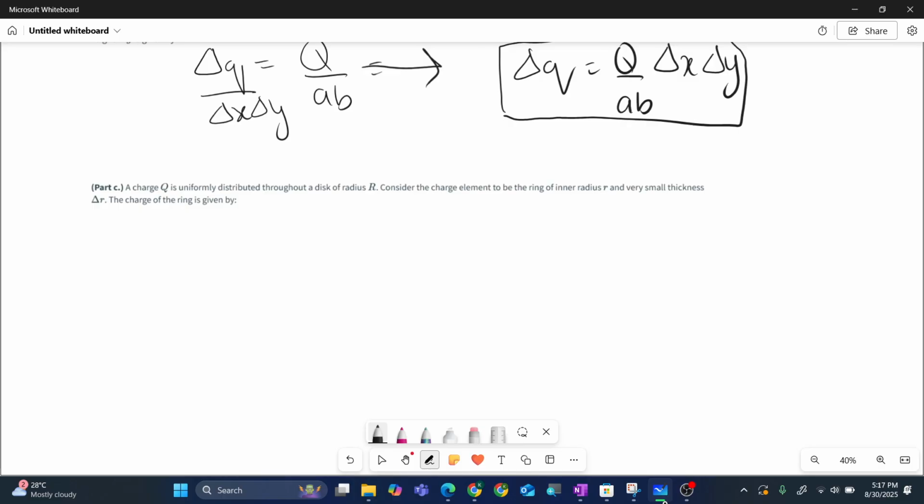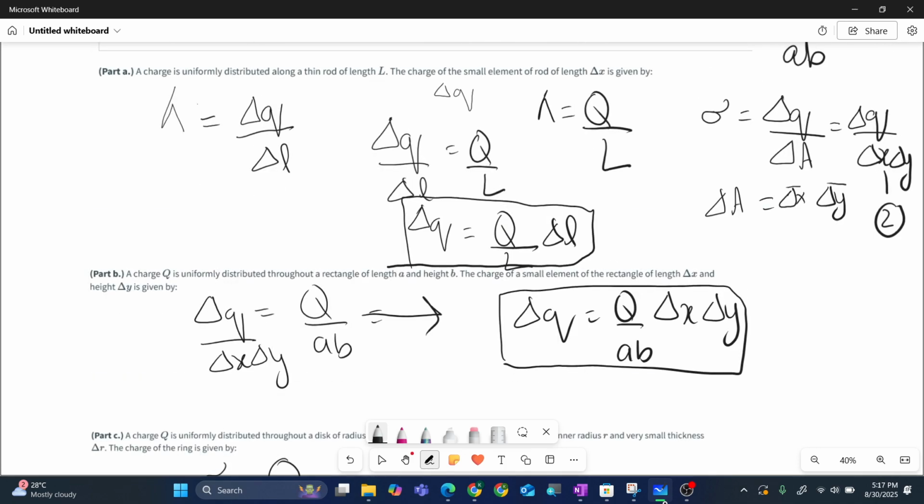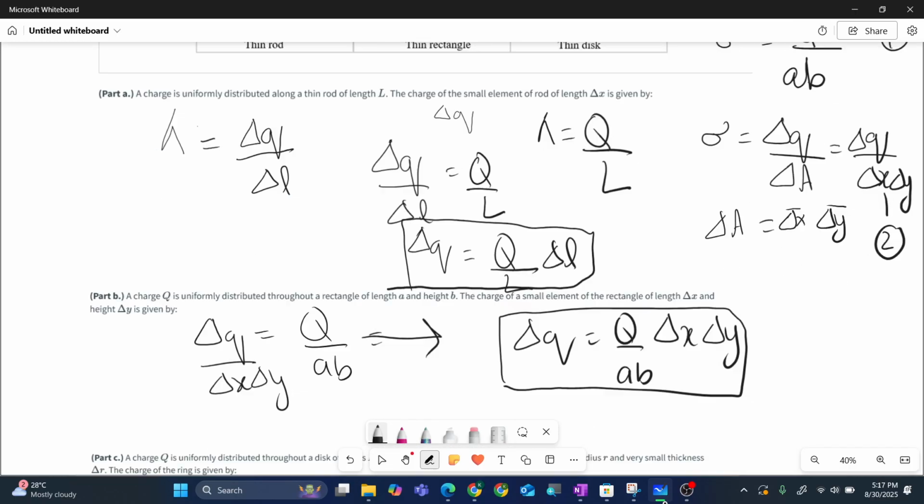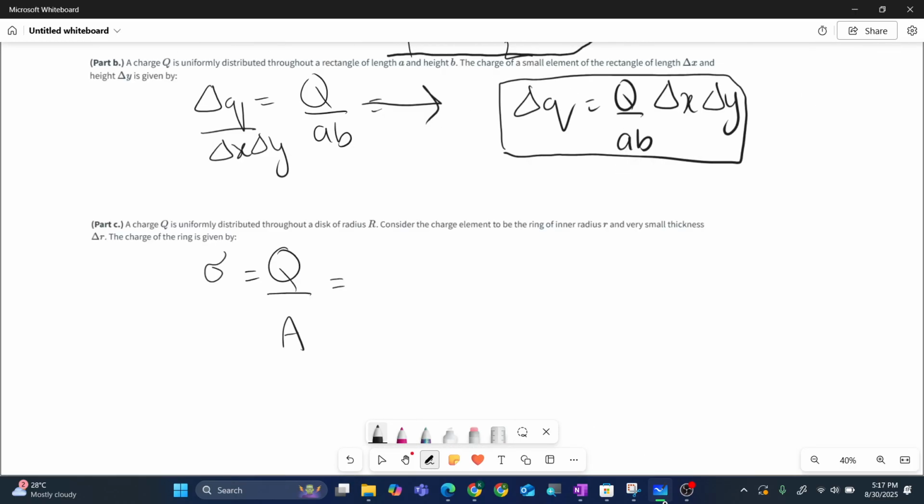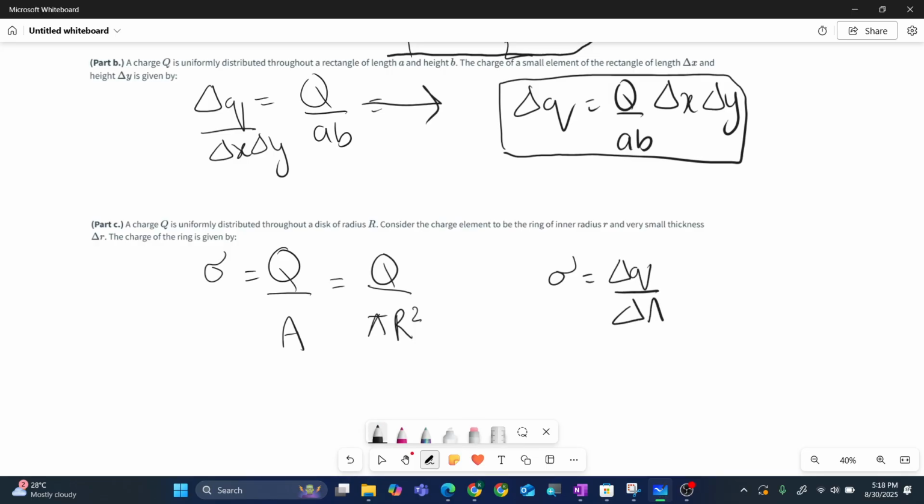Again, since we have an area here, this is going to be Q over A. It is a disk, so my area is going to be pi R squared. Now if I talk about the small element, this is going to be delta q over delta a.